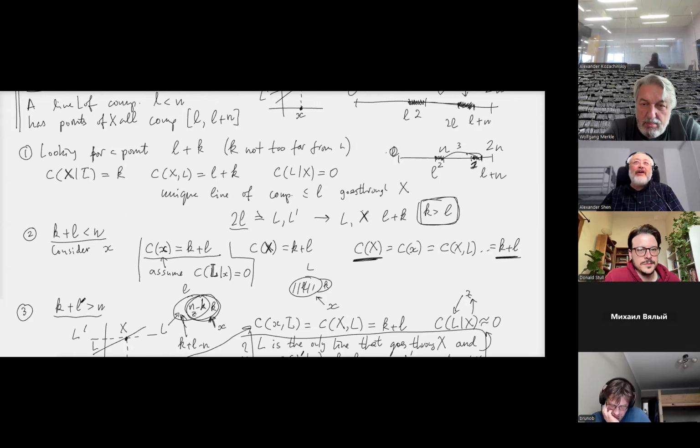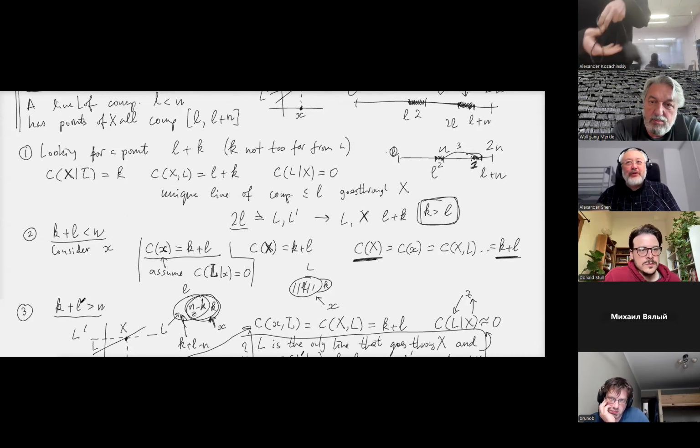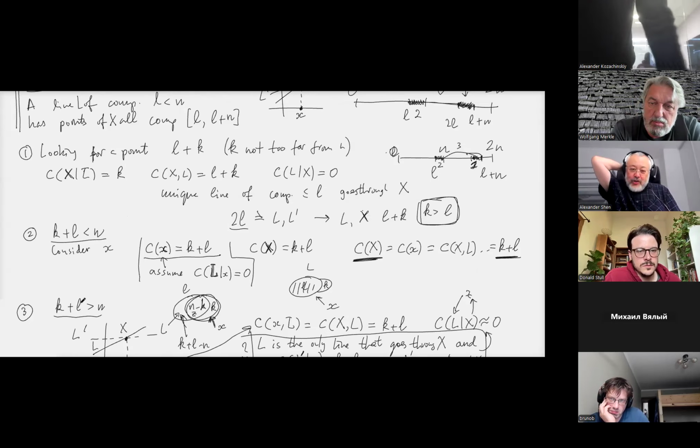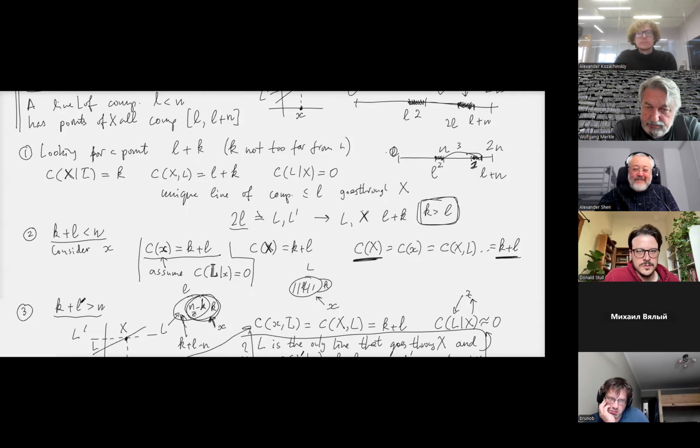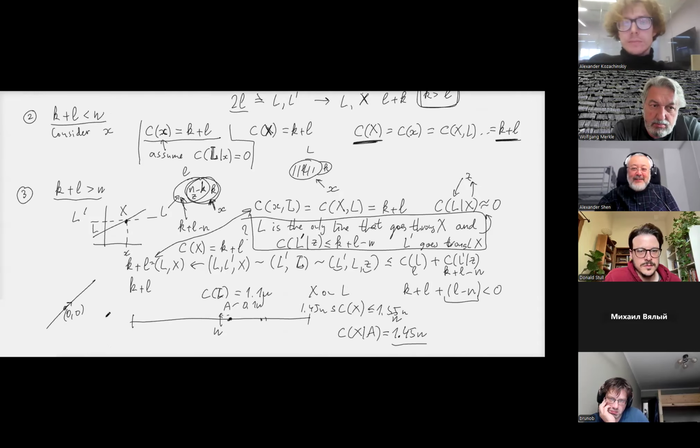We can consider on every line some set of points, and then prove that one of these points should have big complexity because other lines cannot go through it. So this first case can be translated into combinatorial language, it seems to me. But for the others, I have no idea how to do it. Yes, the third case looks like magic and has no clear combinatorial meaning.